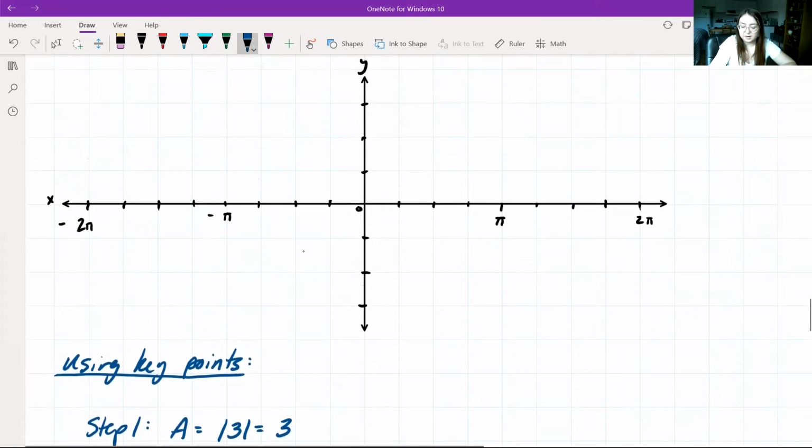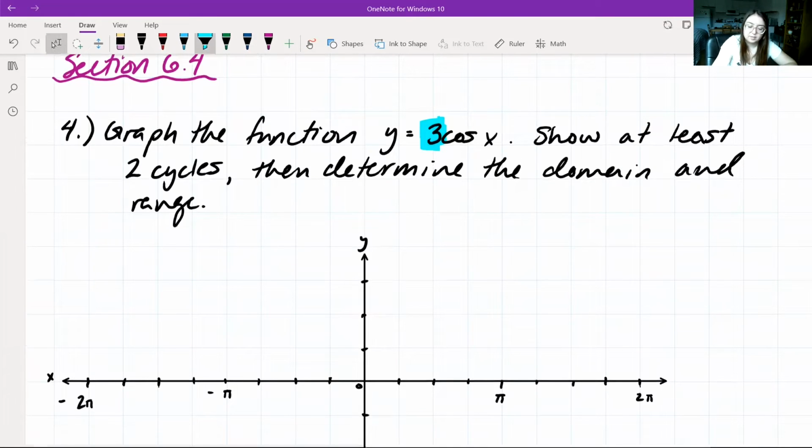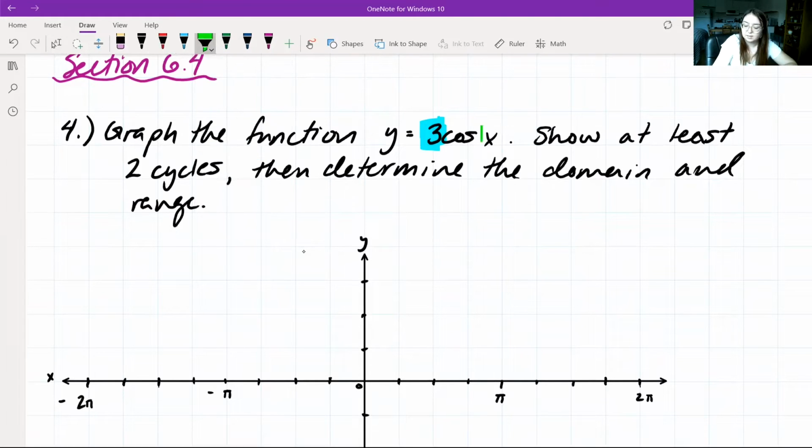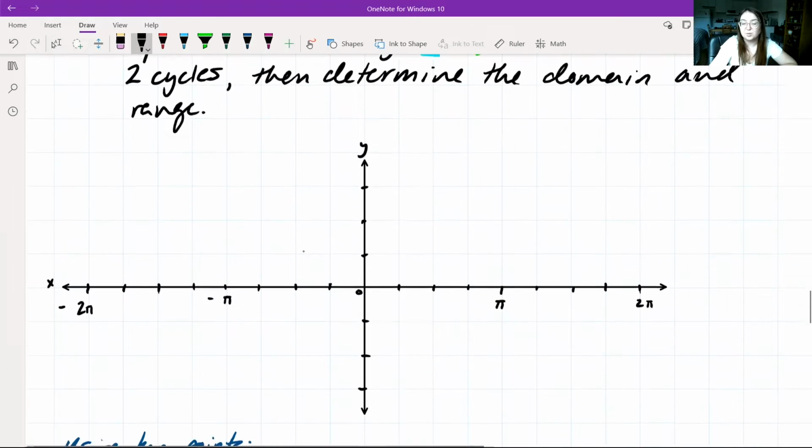Then our period is given to us here. So our period corresponds to the omega in the equation of the form y equals a cosine of omega x. But since we see that we just have cosine of x, this means technically it's cosine of 1 times x. So our omega in this case is just going to be 1.